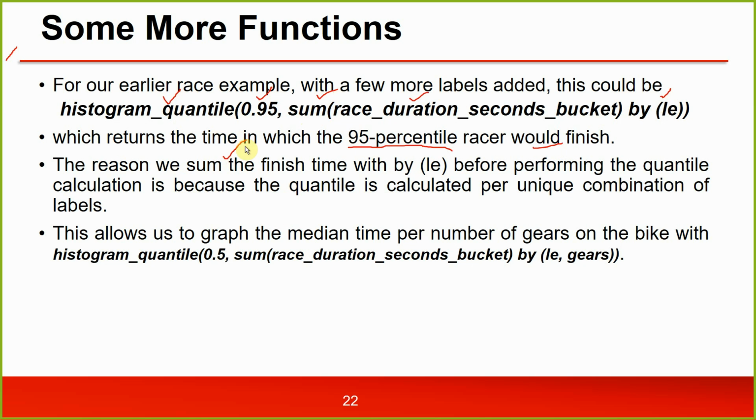The reason we sum by this vector before performing the quantile calculation is that the quantile is calculated per unique combination of labels. This allows us to graph the median time per number of gears on the bike also, like histogram_quantile 0.5 of sum of race duration seconds bucket by le and gears.